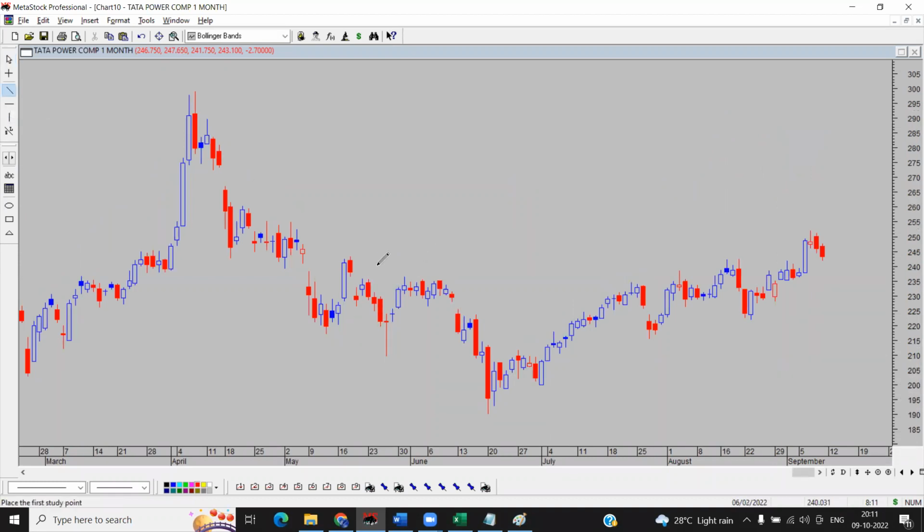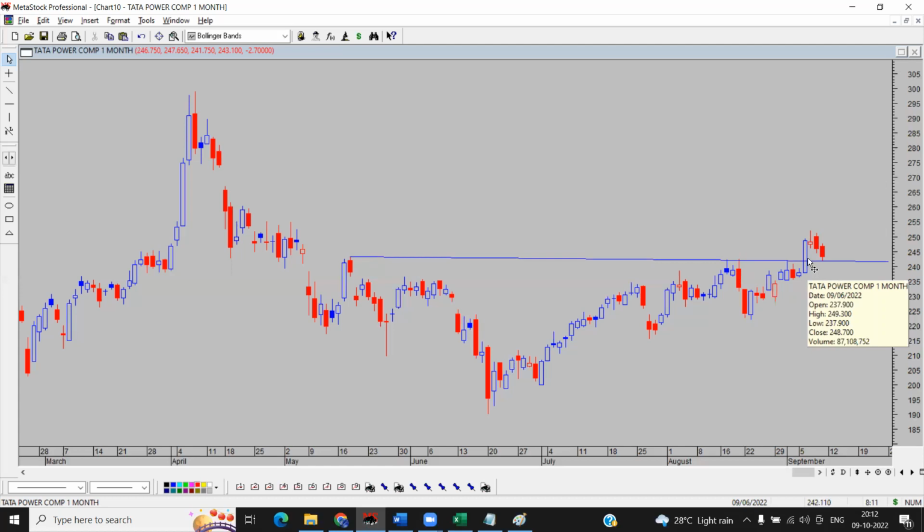Someone pointed out last week that I had told that if this stock goes above 240 levels, then a breakout has taken place. It did go above 240, 242 odd level, say on Tuesday, I believe. So it did go above this 242 odd level. I think in spot price it will be 240.